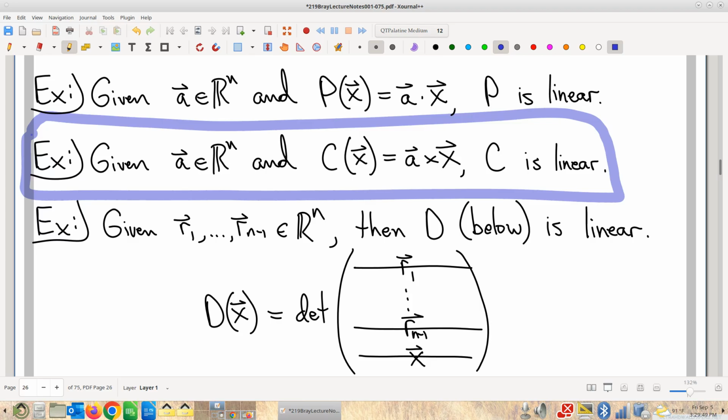Asterisk, it's kind of an abuse of the term. When I say cross products are linear, what I really mean is that if I fix some vector A, and if I think of a function which is just always cross product with A, whatever x you give me, we're going to cross it with A. Crossing with A is what we do, right?